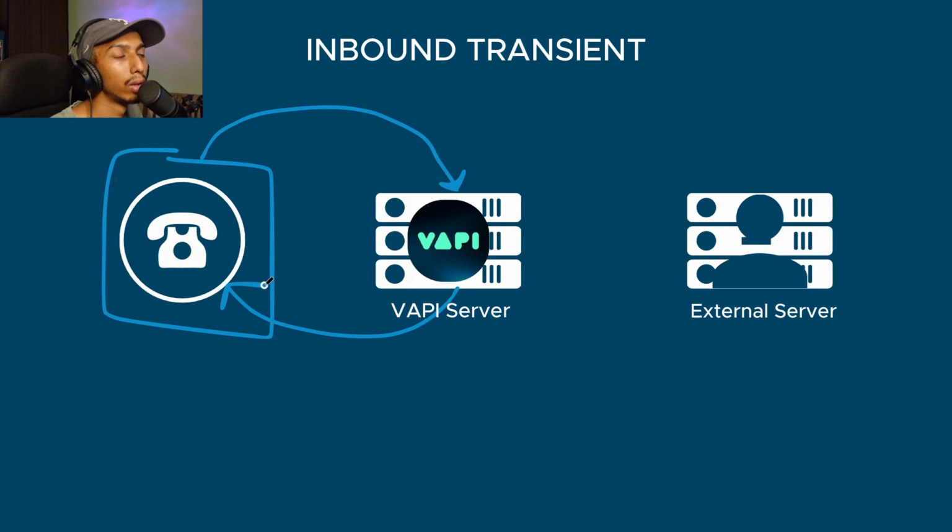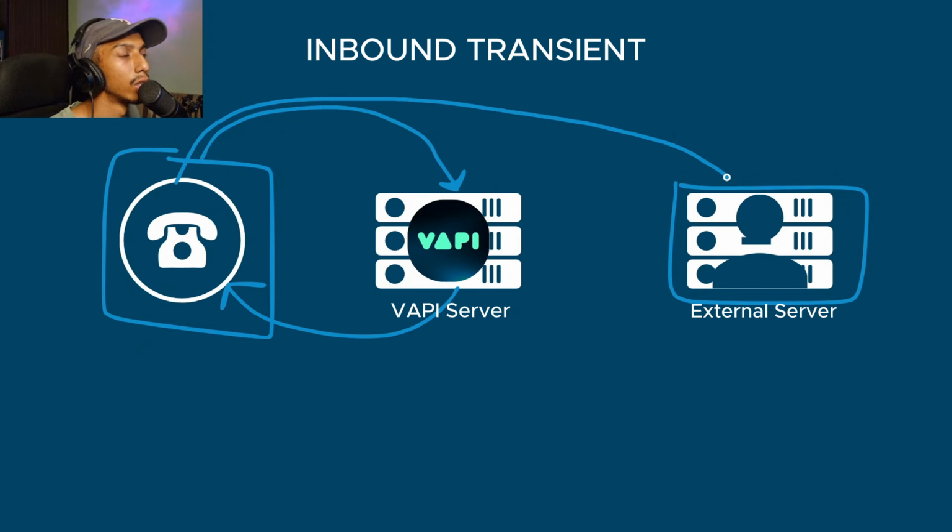But in this case, what we are going to do is store the configuration in our server. In this case it will be our Make scenario. So when we make the call, the configuration is picked up from our server.